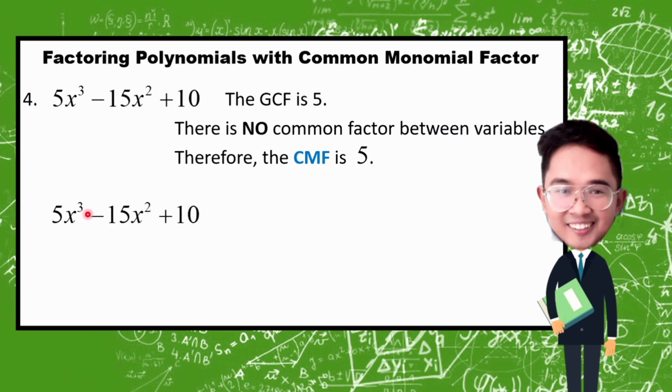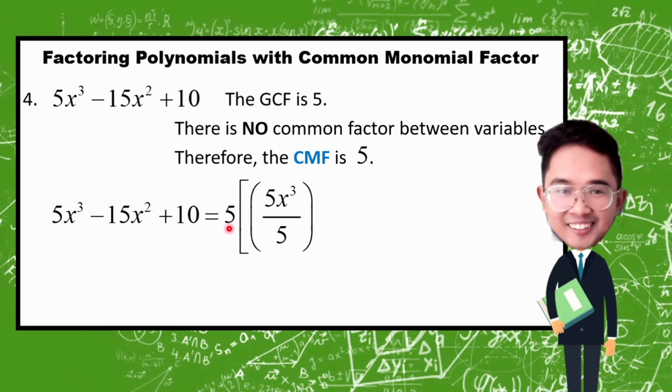Let's now solve. 5x cubed minus 15x squared plus 10 is equal to 5, which is your common monomial factor, and we can now proceed to the next step, wherein we need to divide each term by common monomial factor.